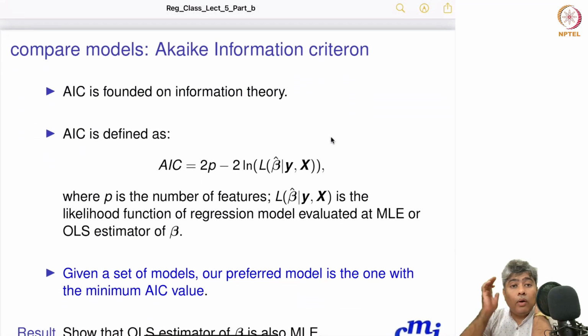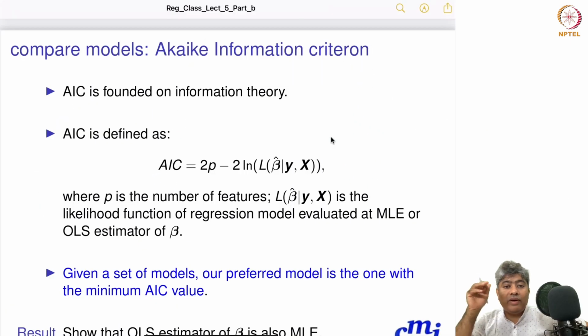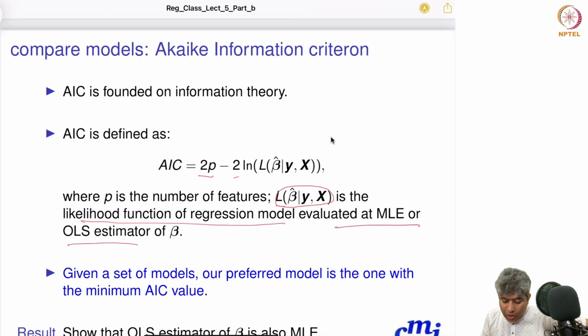Next, I will talk about the AIC, the Akaike information criterion. The idea behind AIC is founded in information theory. AIC is defined as 2p minus 2 times the log likelihood evaluated at the MLE, where p is the number of features and L of beta given y and x is the likelihood function of the regression model evaluated at the MLE, or OLS estimator, of beta.